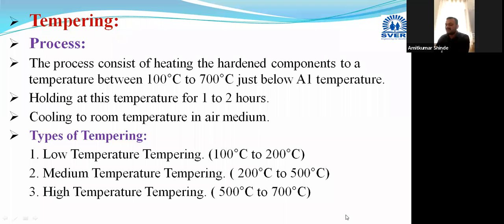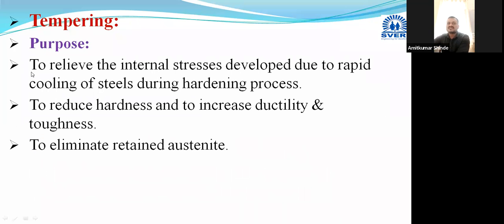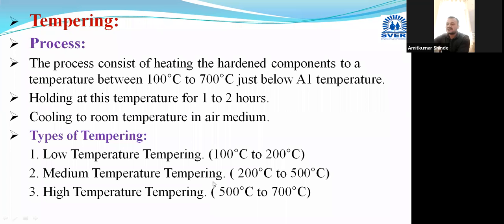So all our aims will be obtained: internal stresses will be relieved, hardness will be reduced, ductility and toughness increased, and retained austenite completely eliminated by this high temperature tempering.